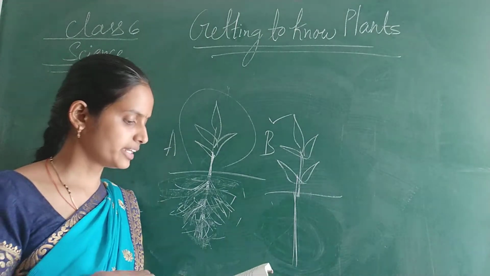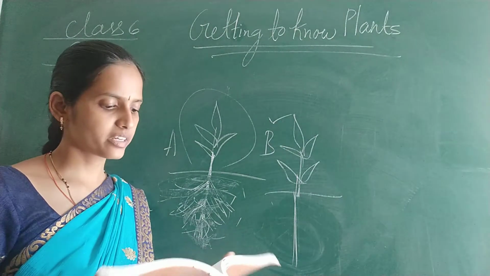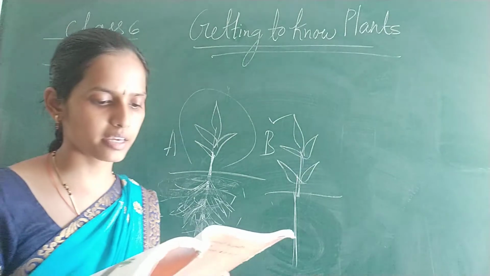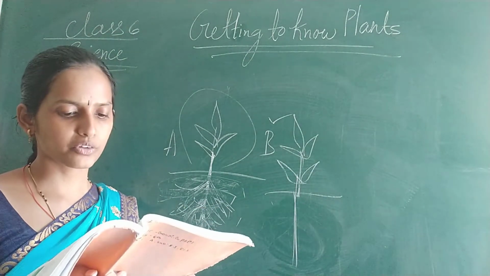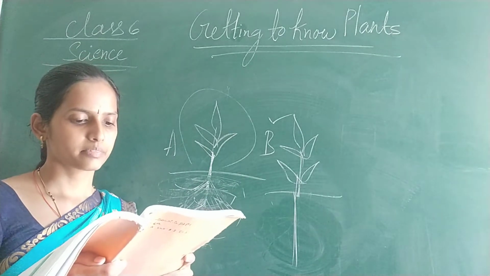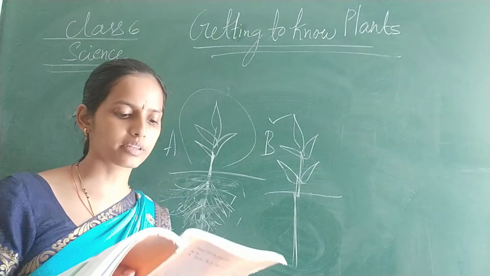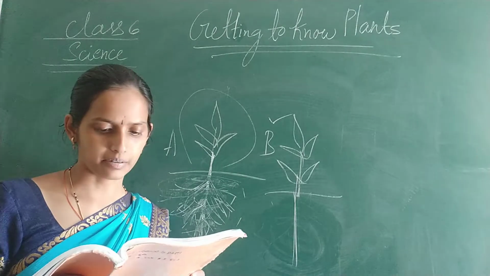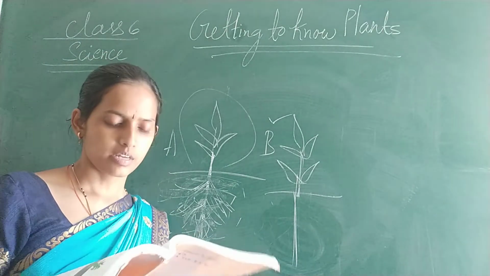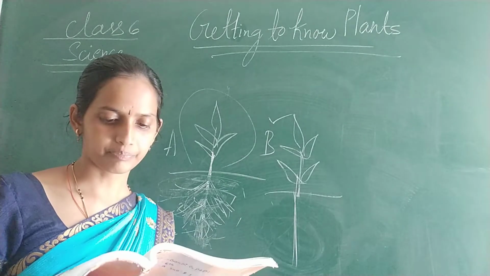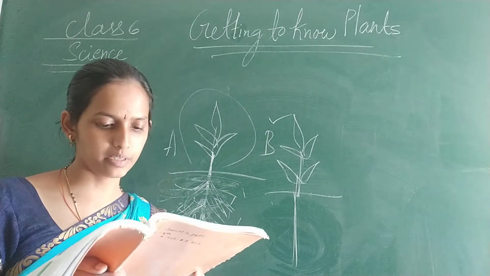Now the activity 8. Study figures 7.16a and b carefully. Now look at the roots of the gram plant that you have pulled out from the cotton in the previous activity. Do they look like the roots shown in 7.16a or 7.16b?